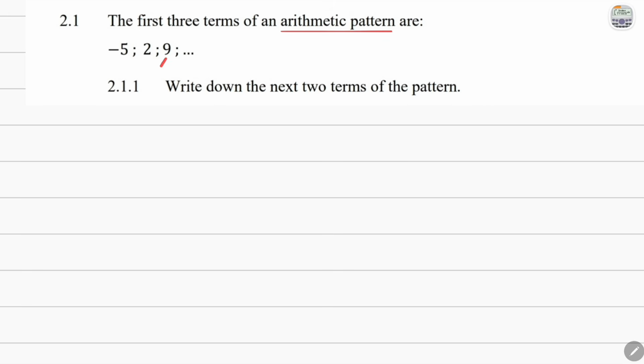So we can just find that constant difference by saying 9 minus 2, term 3 minus term 2, which is 7. And so that means that each term would be found by adding 7 to the previous term. So it means that the next two terms would be 9 plus 7, which is 16, and then 16 plus 7, which is 23. And that is our answer.